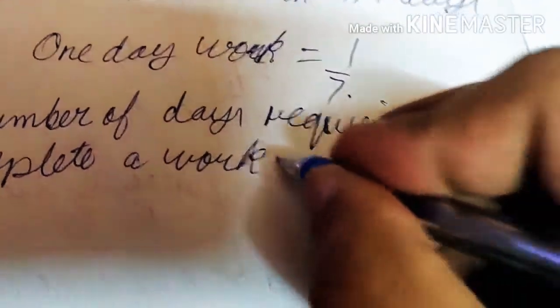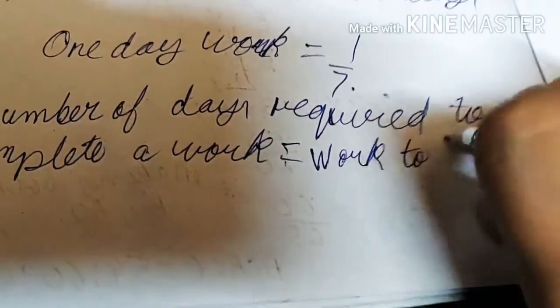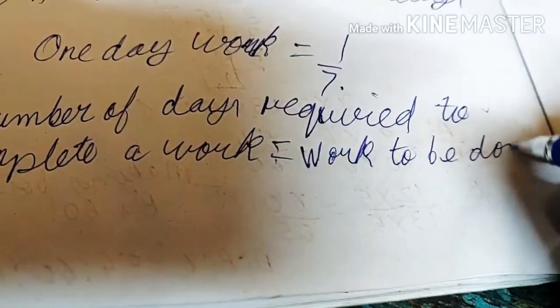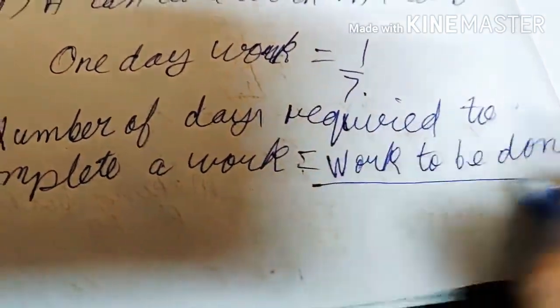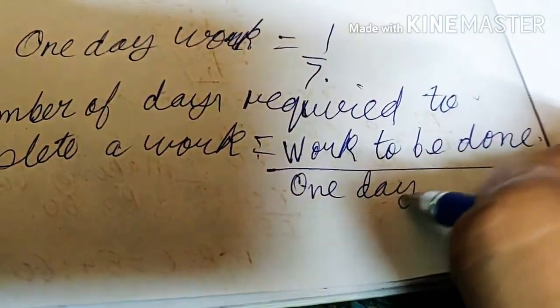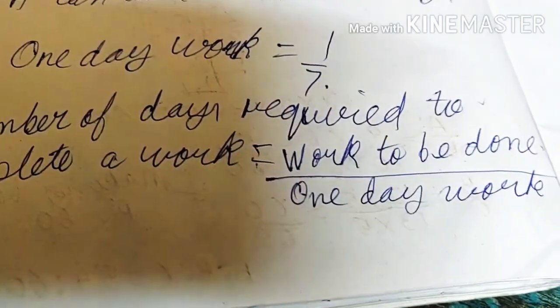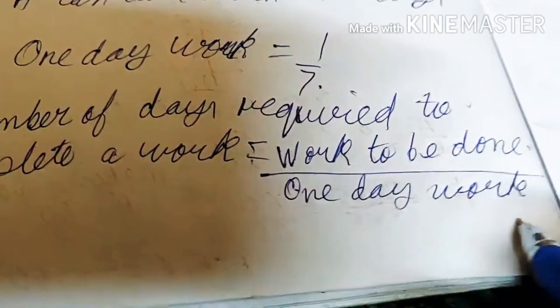This is equal to work to be done upon 1 day work. Means how many days a person will take to complete a work will be equal to work to be done upon 1 day work.